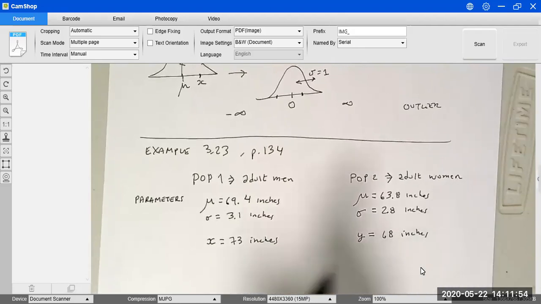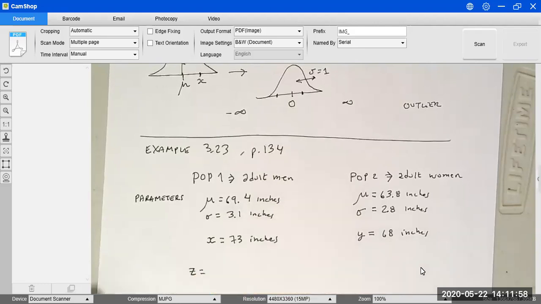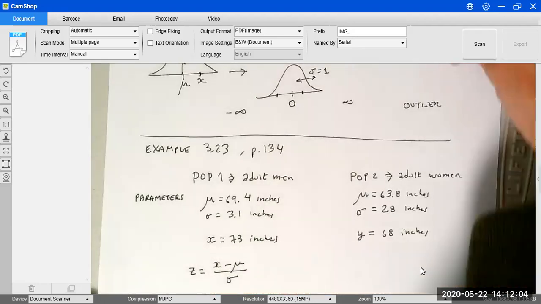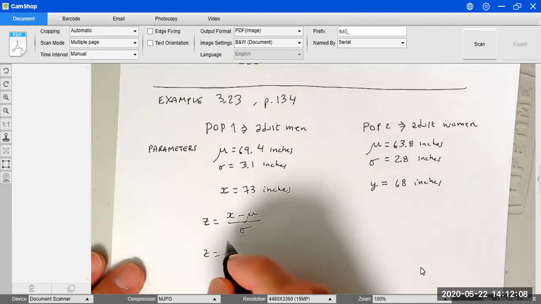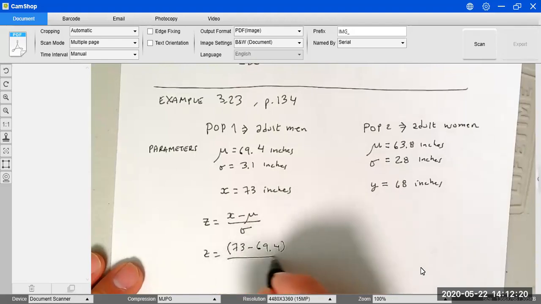So that's the reason we're going to use the z-score. The z-score for this man is just x minus mu over the standard deviation. Be sure that you use parentheses when you write these differences to prevent mistakes. So it's going to be 73 minus the mean, 69.4, over the standard deviation 3.1.